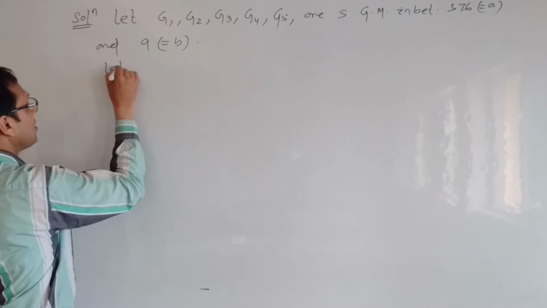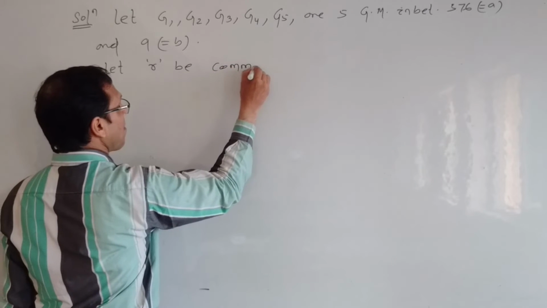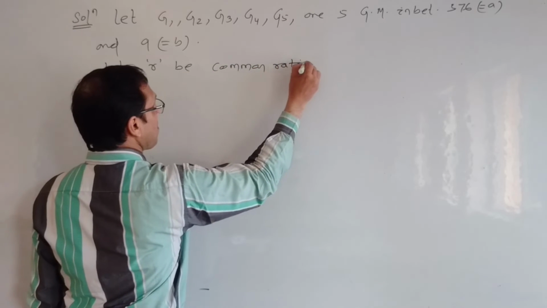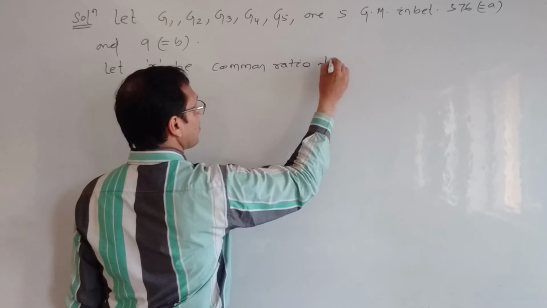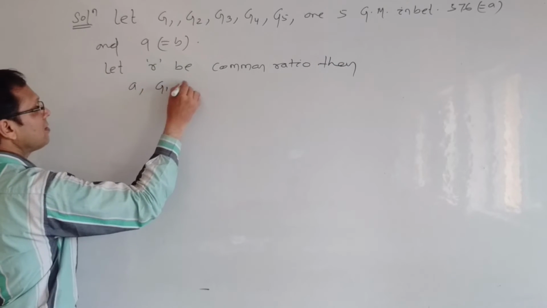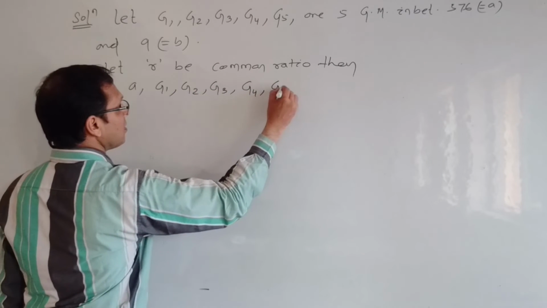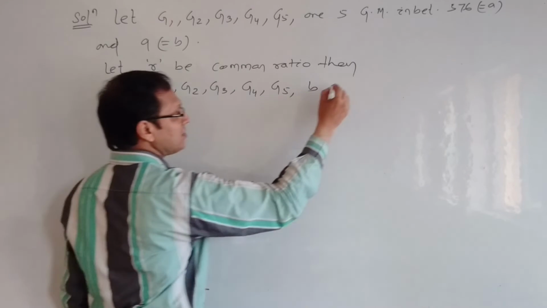Let r be the common ratio. Then we have a, G1, G2, G3, G4, G5 and b are in GP.